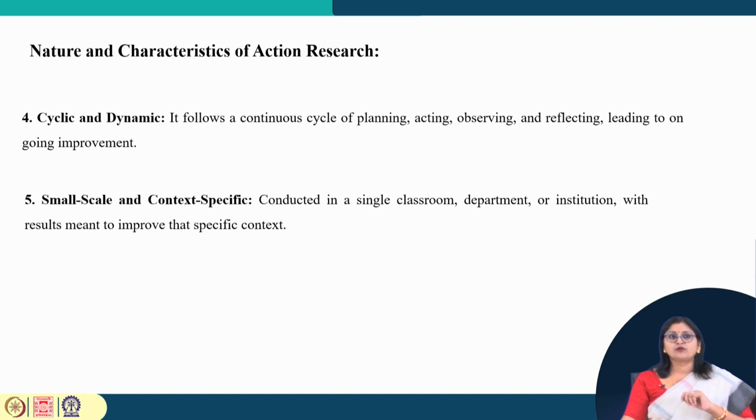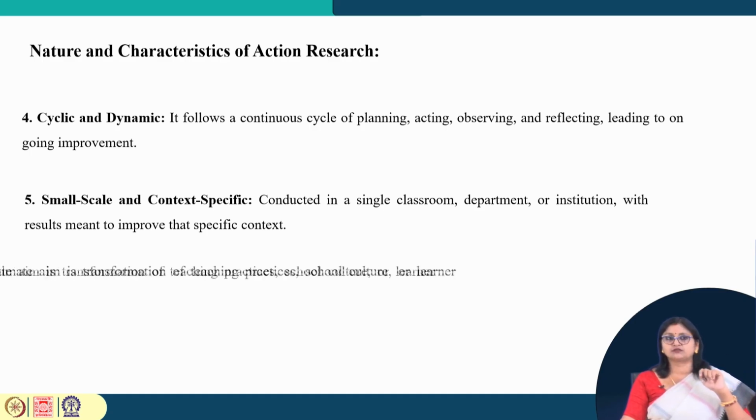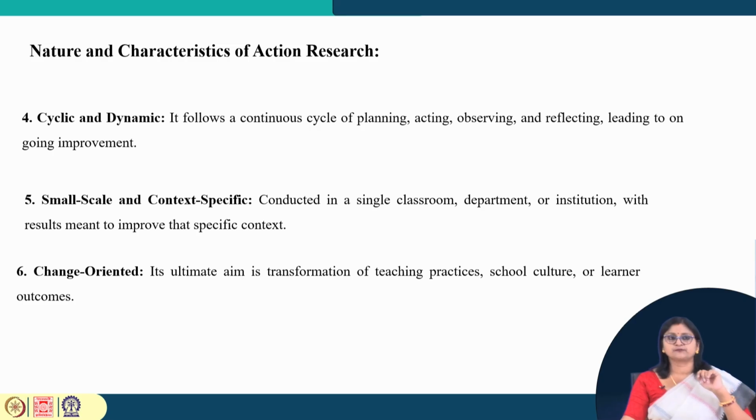The fifth is small scale and context specific. It is conducted in a single classroom, department or institution, with results meant to improve that specific context. If you have conducted action research for B.Ed. students or M.Ed. students, then that will be applicable only for those students, not for generalization. The sixth is change oriented.